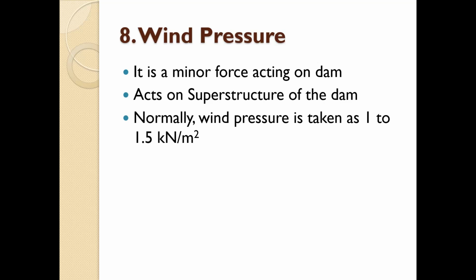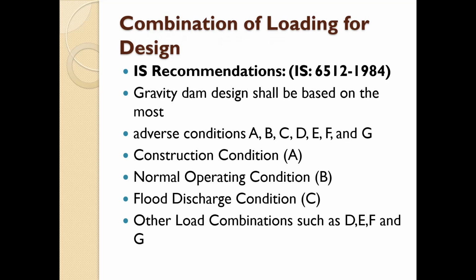How to calculate the basic wind speed, in what area what is the basic wind speed, then how to calculate the wind pressure, and the pressure force due to wind, all these things have been given. Accordingly we can take the forces or the pressure on the superstructure of the dam.